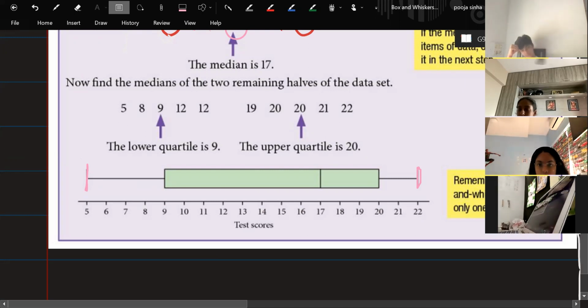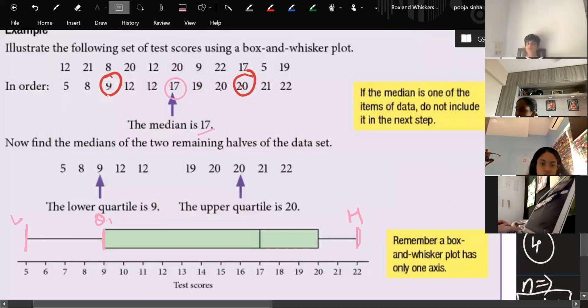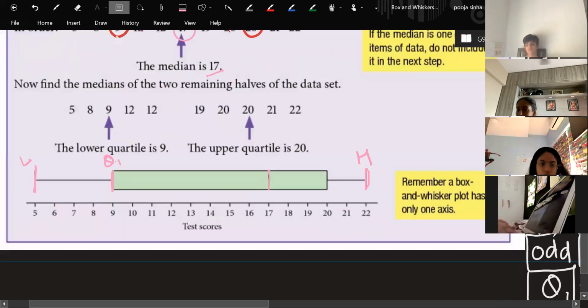This was the lowest, highest. At Q1, you mark 9 and write Q1. Then your Q2, what was Q2? It was 17. So at 17, you make another line and write Q2.